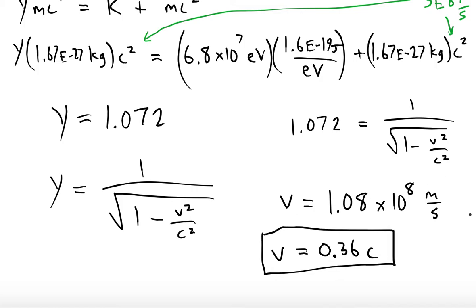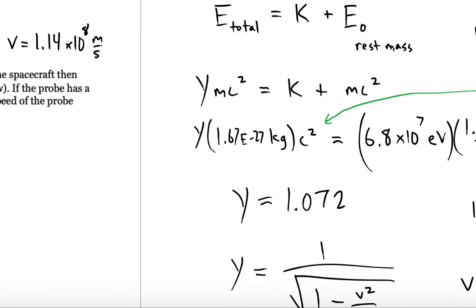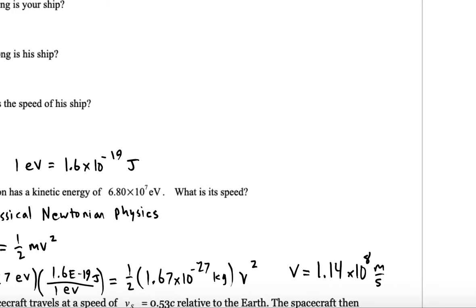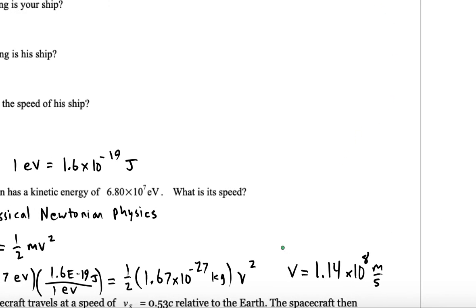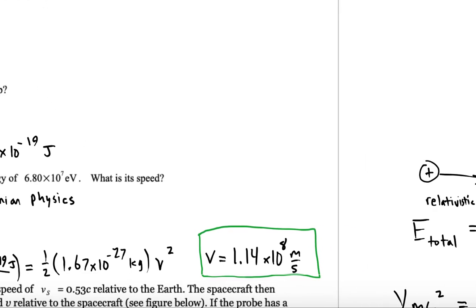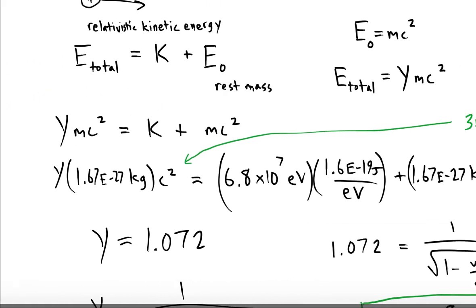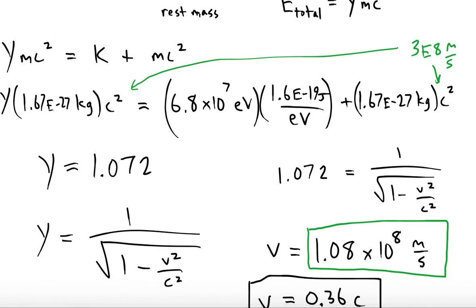And so you can see that the final speed that it reaches here is not the same as it would have been if we had used Newton's physics. See up here, in Newton's physics, we said that it would be 1.14 times 10 to the 8th meters per second, which is different. It doesn't take into account that some of the energy is stored as mass for this proton.